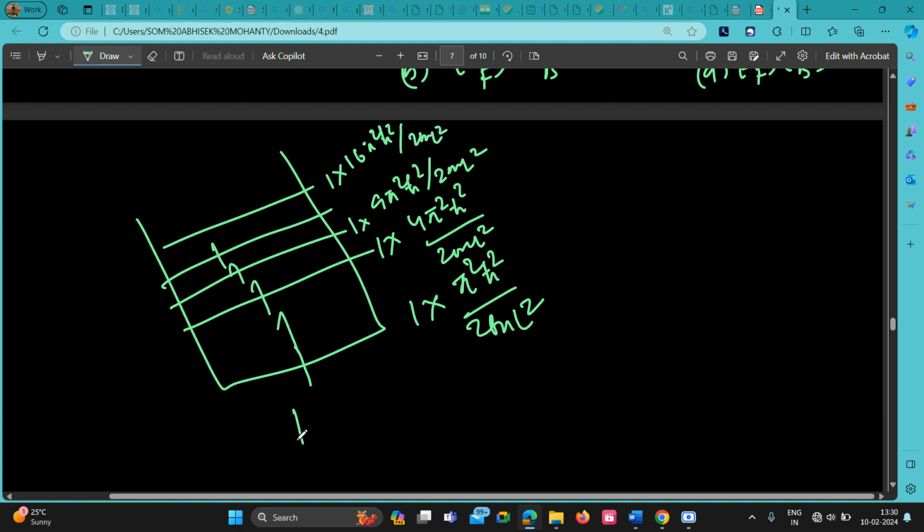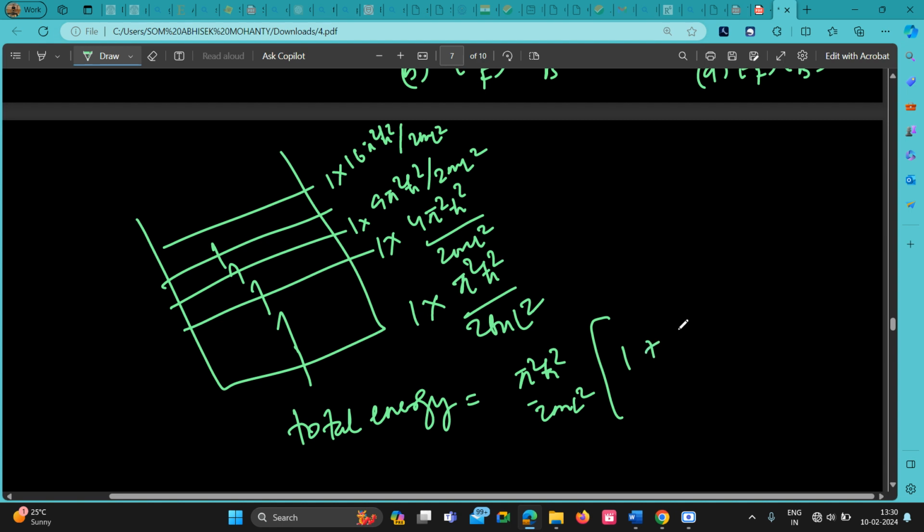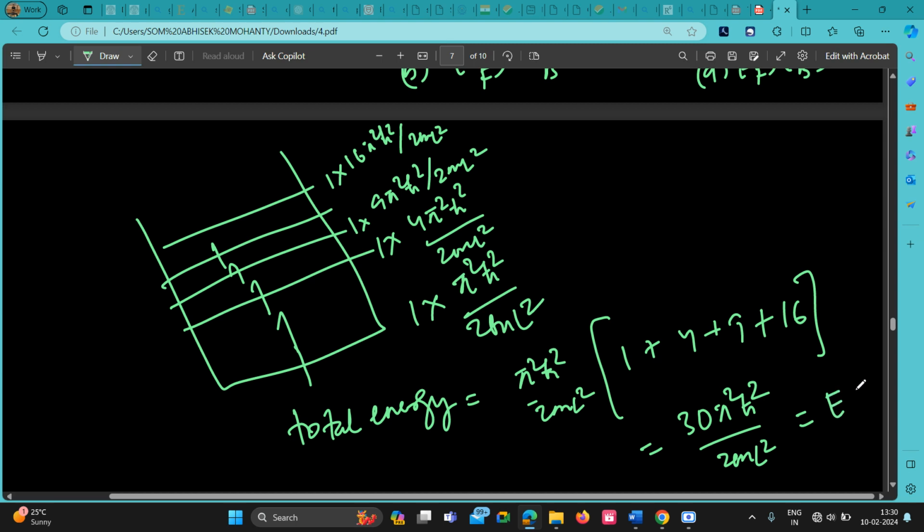So the total energy will be pi square h cut square by 2mL square times, taking common, 1 plus 4 plus 9 plus 16. That is 25 plus 5, which is 30. So 30 pi square h cut square by 2mL square is the ground state energy EF for fermions.